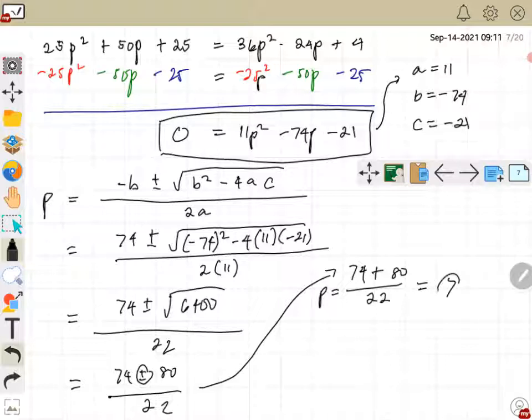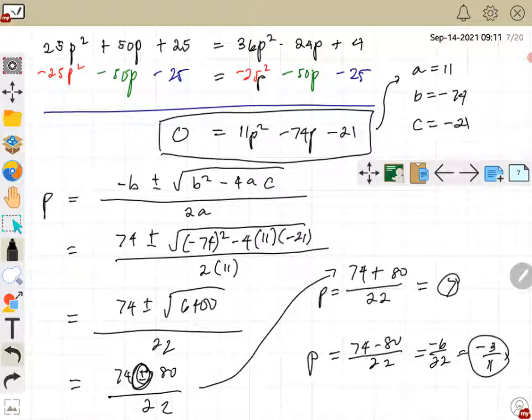So our first value for p is 7. Our second value for p is 74 minus 80 over 22, that gives us negative 6 over 22, which is negative 3 over 11.